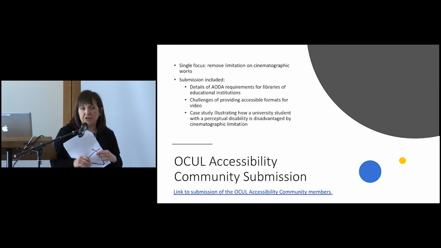There were a number of submissions, especially from library associations, about that. So we didn't feel we needed to readdress it here. We decided to focus solely on the issue of providing accessible format copies of videos and films, and how Section 32, as it is currently written, makes that extremely challenging.